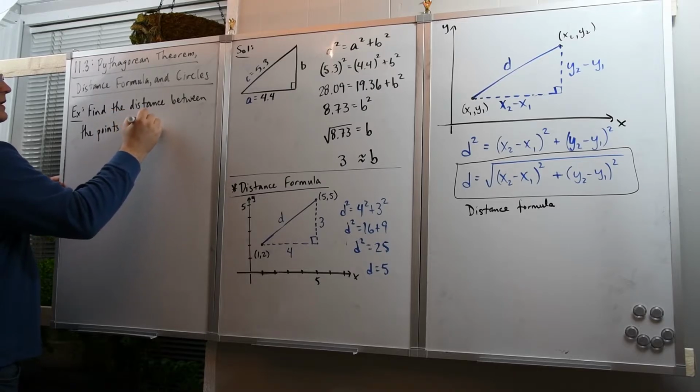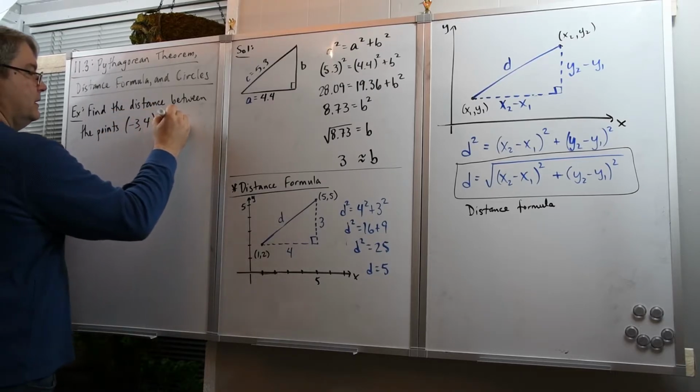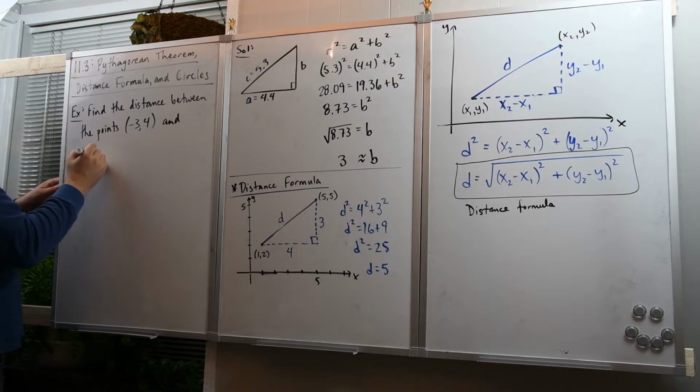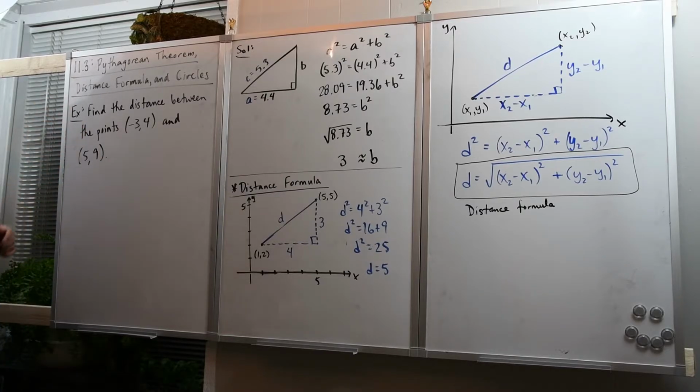Let's go with -3, 4, and let's go with 5, 9. All right, we'll see how that works out. Sometimes when you find these distances, the answer is going to be kind of ugly. That's all right. It happens that way sometimes.